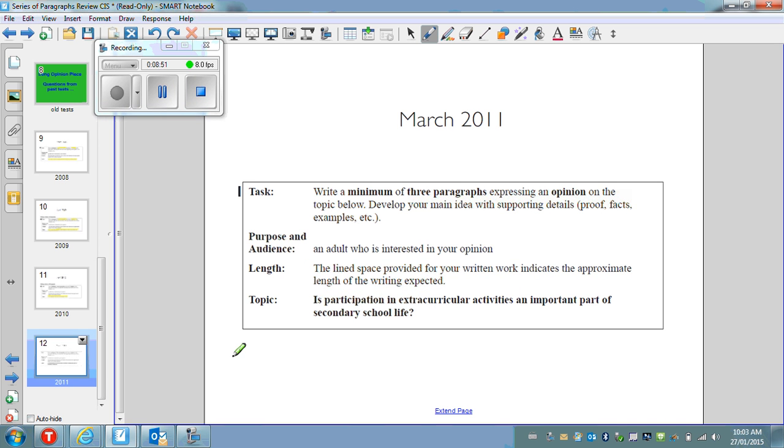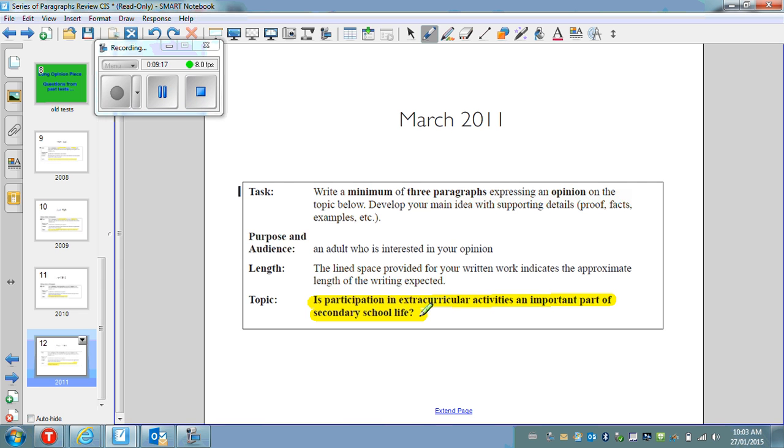And yet another one. Is participation in extracurricular activities an important part of secondary school life? So, as you know, here at CIS, this may not necessarily apply, but you may be given this question, okay? So you need to think about mainstream schools, for example, and think about extracurriculars.